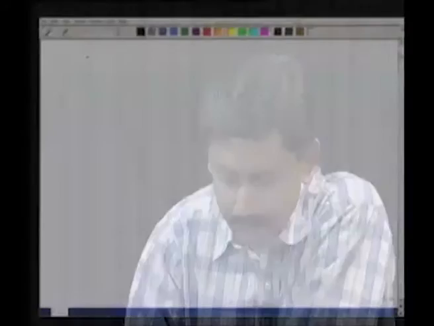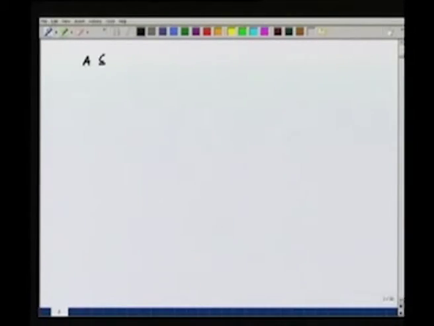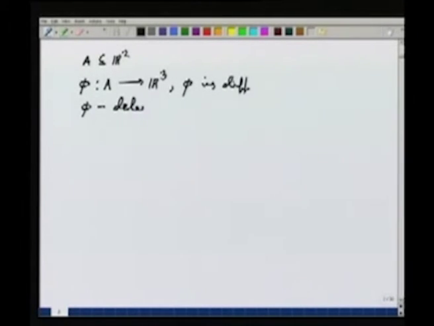Well, that is given as follows: suppose A is a subset of R2. Suppose I have a map phi from A to R3. We will assume phi is a differentiable function, so the domain A is such that the derivative of phi makes sense. Then this phi actually determines a surface.